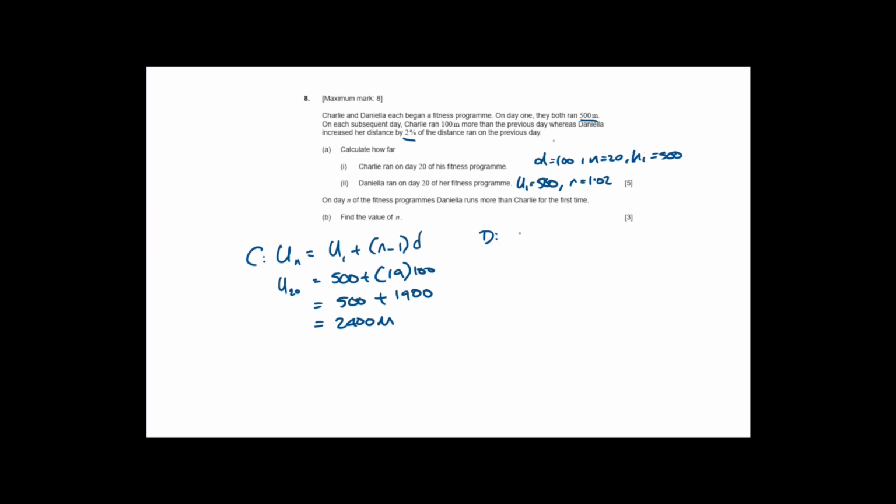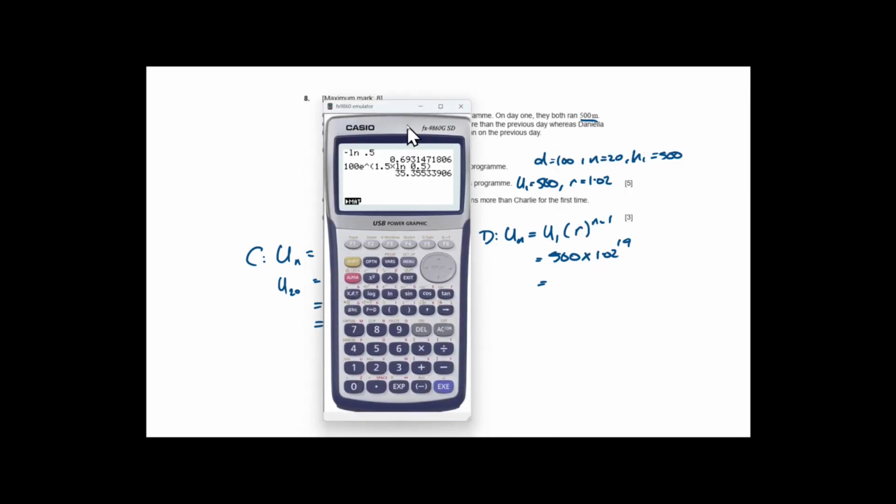Okay, and the formula for un of a geometric is going to be u, the initial number, times the rate to the power of n minus 1. Yes, that's right. So it's going to be 500 times 1.02 to the power of 19, which I have no idea. I don't really know my 1.02 times tables.